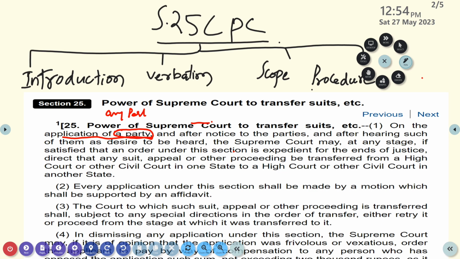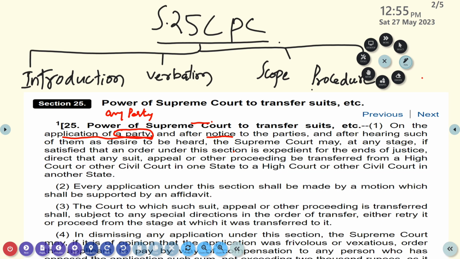So, any party can make an application. That is one. Next, suppose it is on the instance of any party. What is the rule?